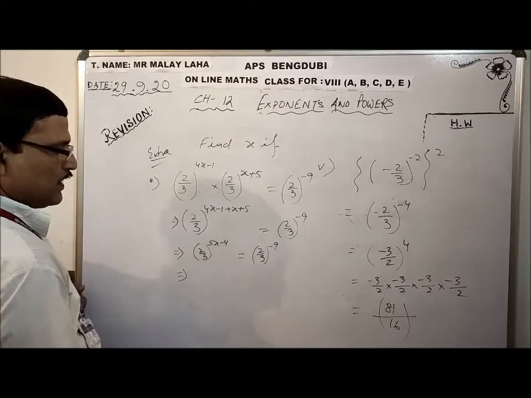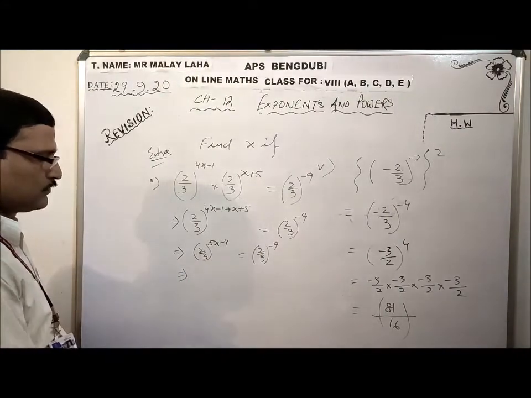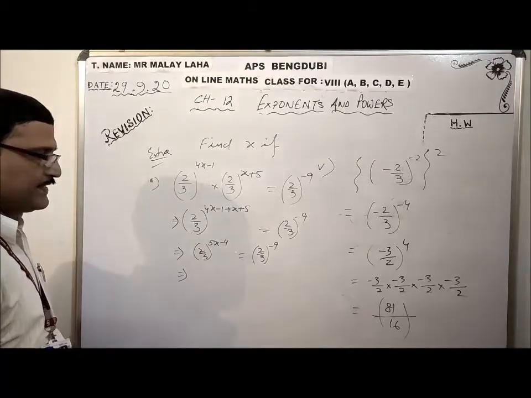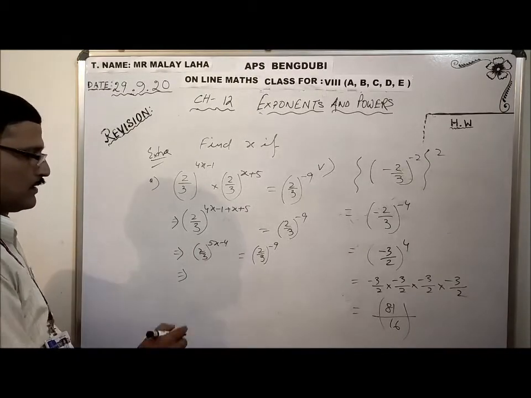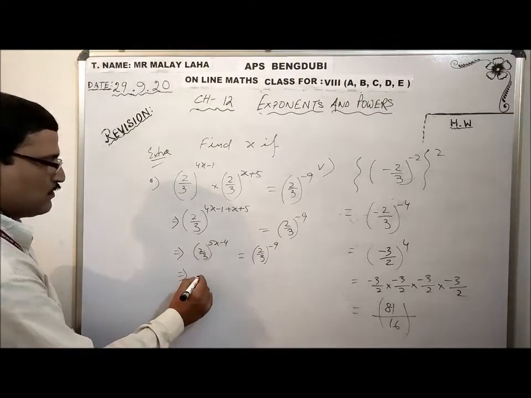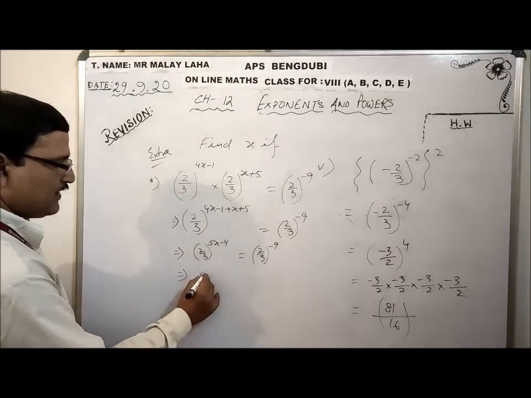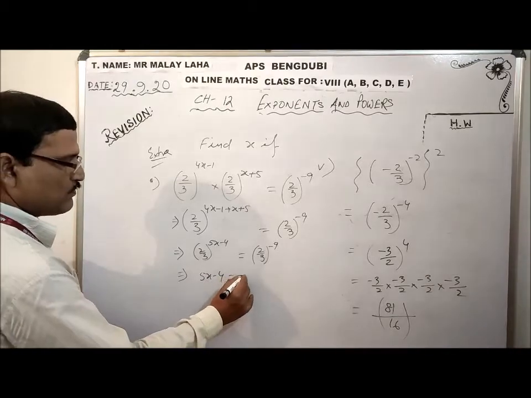In case both sides have the same base with an equal sign there, we equate their powers. Therefore it will be 5x minus 4 equals minus 9.